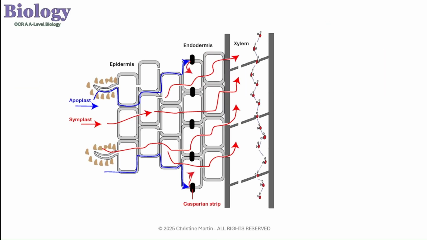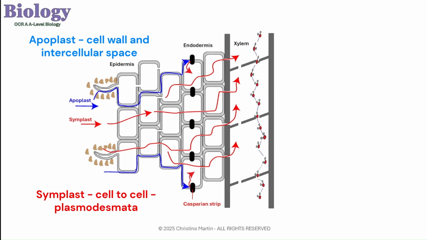Water can move through the root in two main pathways before it enters the xylem. The symplast pathway, where water moves cell to cell through the cytoplasm connected by the plasmodesmata, or the apoplast pathway, where water moves through the cell walls and intercellular space without crossing a plasma membrane. Now, when water reaches the endodermis, the layer surrounding the vascular bundle, it encounters the Casparian strip.